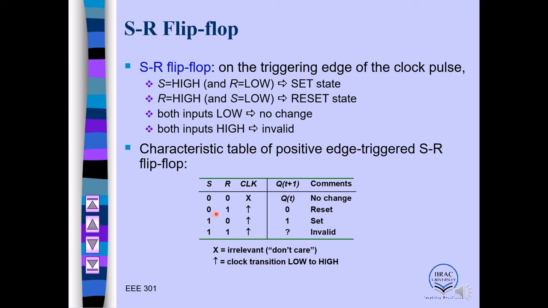If your R is high, that means reset. If your S is high, that means set, and the other is zero. If both are high, invalid. If both are low, no change. X represents don't care here.